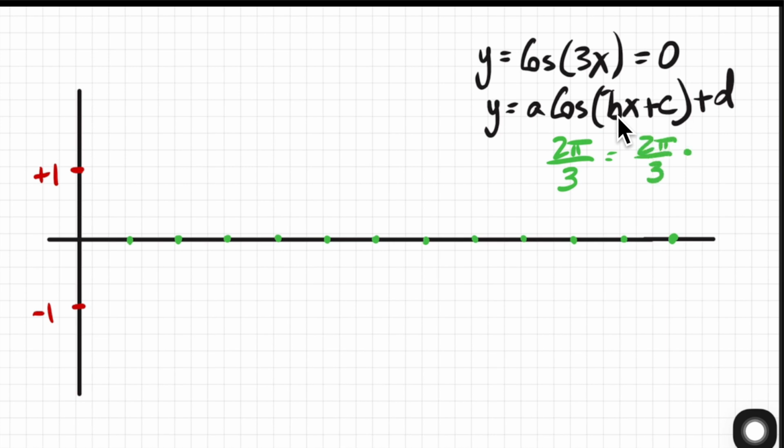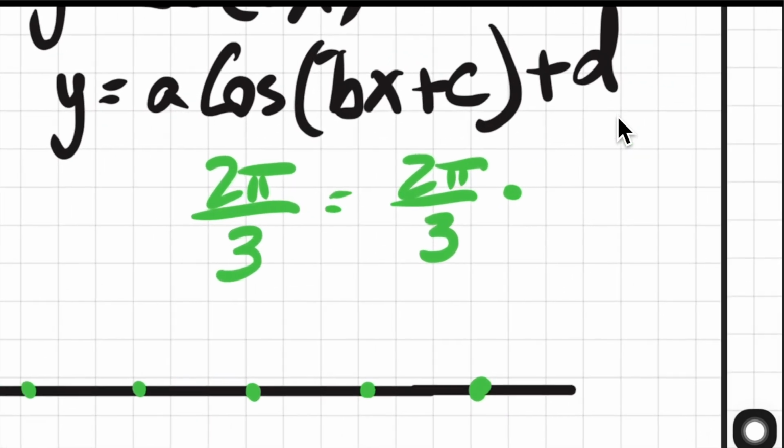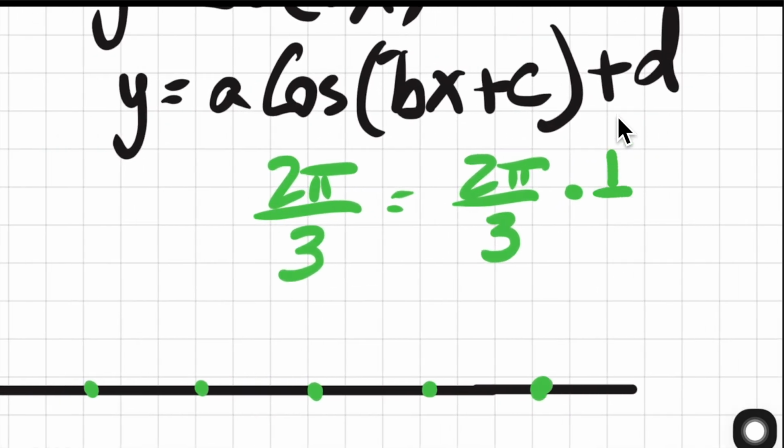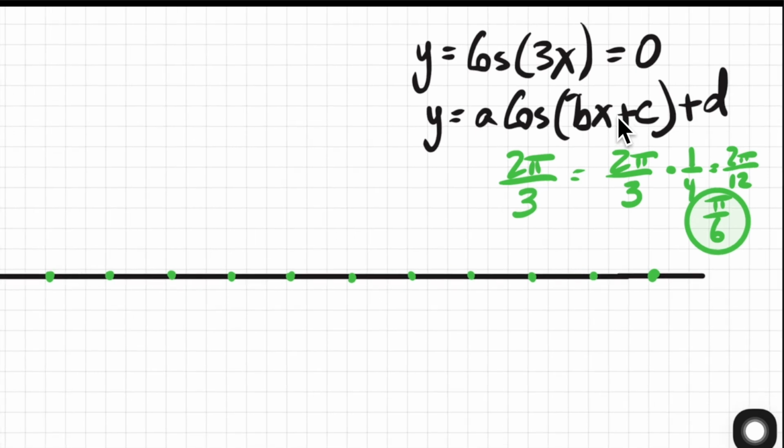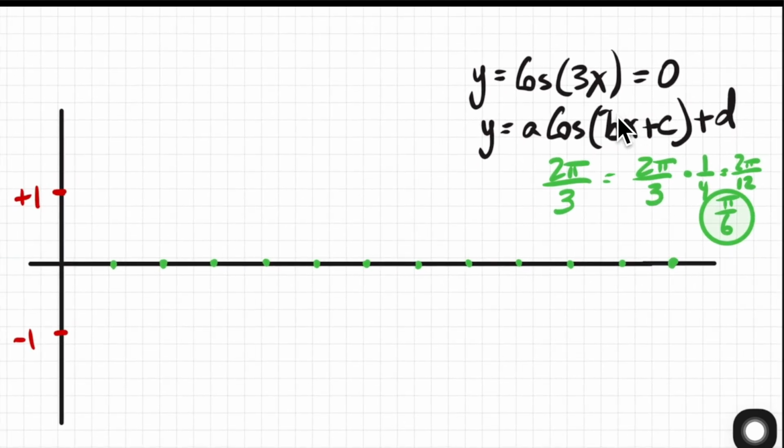Now, as before, we're going to take that period and divide it into fourths. We're going to end up with 2 pi over 12, otherwise known as pi over 6. Okay, so we're going to march along by pi over 6.